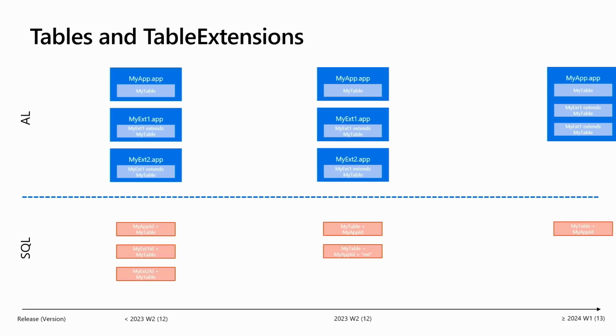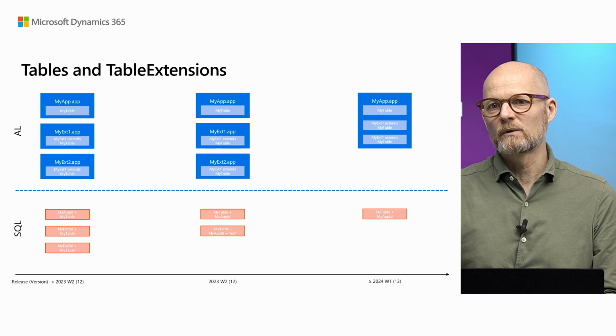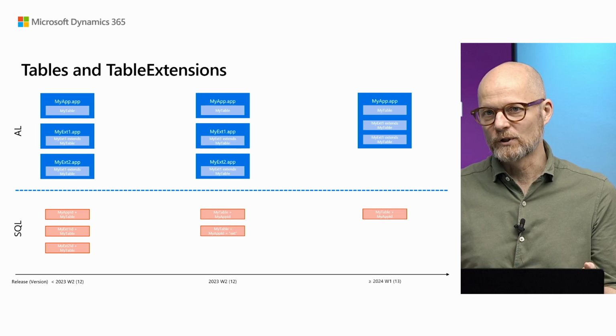If you collapse your table and the extension objects into the same app, we also collapse it at the SQL layer. So one app with both a table and multiple table extensions will still only create one table in the SQL layer, which means that there are no joins.